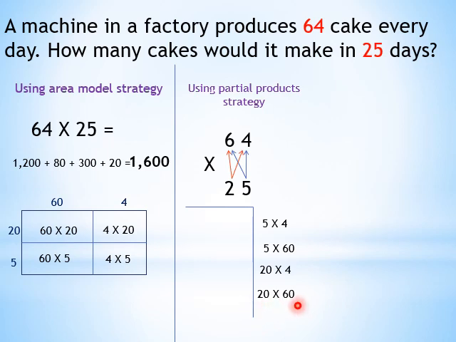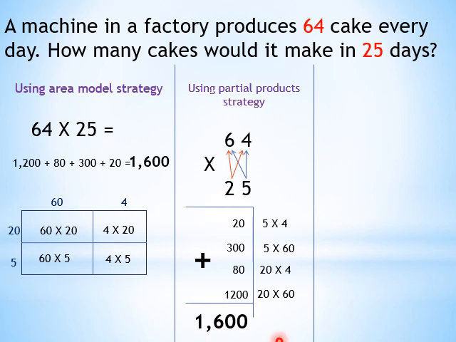Let's get the partial products here. 5 by 4 equals 20, 5 by 60 equals 300, 20 by 4 equals 80, and 20 by 60 equals 1200. Let's add them all together now. The product will be 1600.